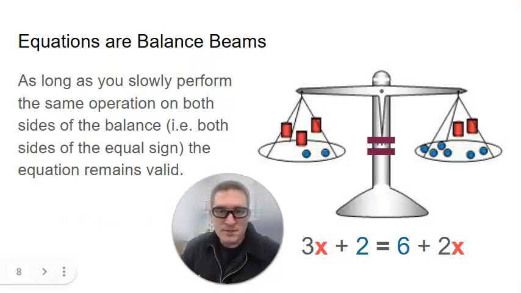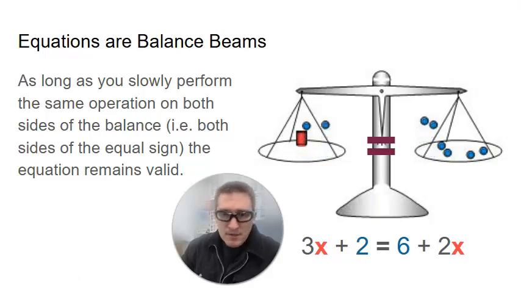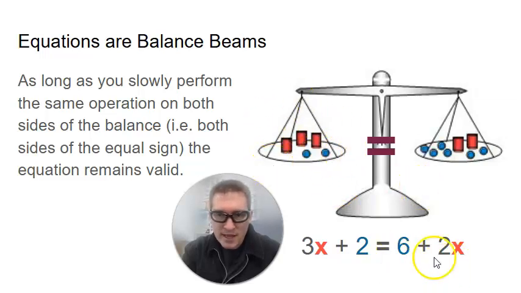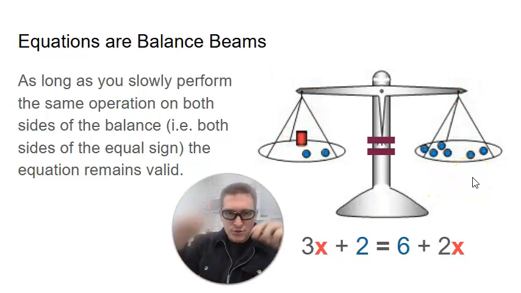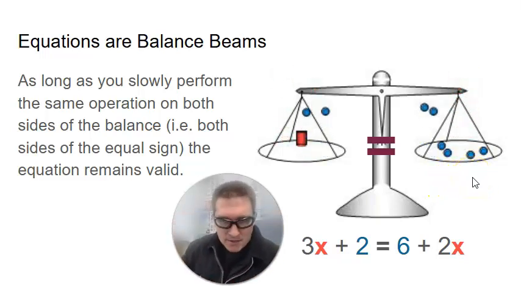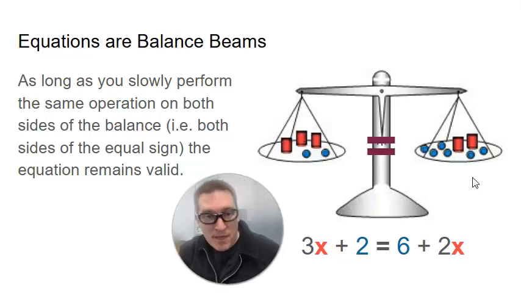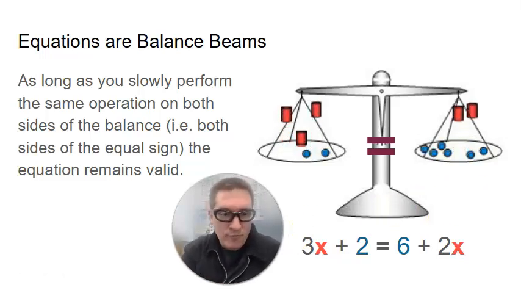So take, for instance, 3x plus 2 equals 6 plus 2x. The left side of the equation is the left side of the beam, and the right side of the equation is the right side of the beam. And as long as you do the same process to both sides of the balance, it will always remain equal. And this methodology helps us solve for unknowns.